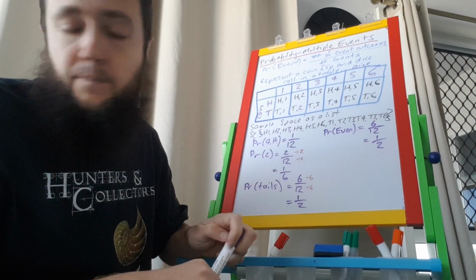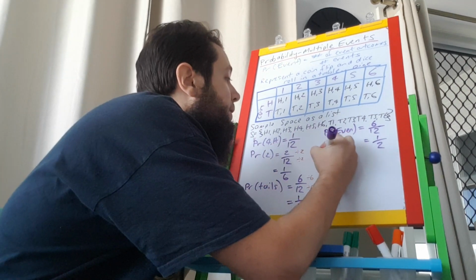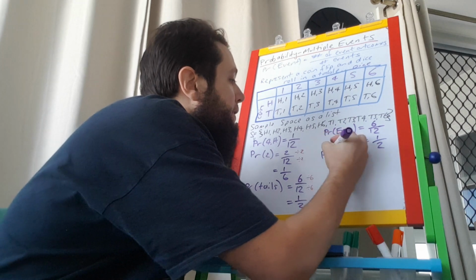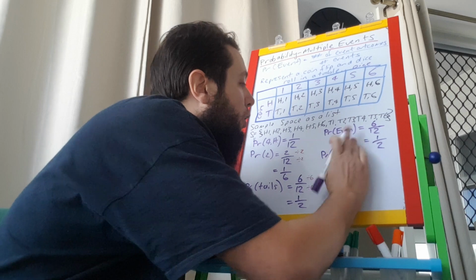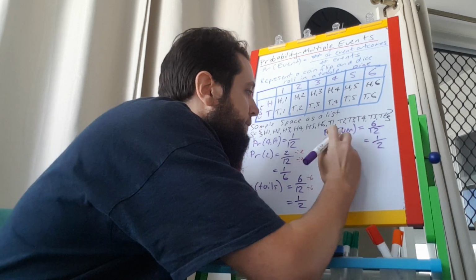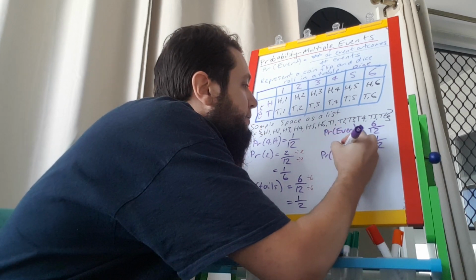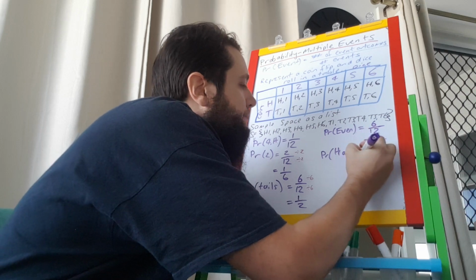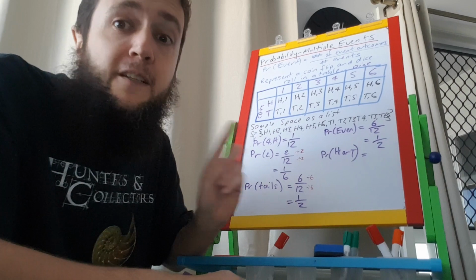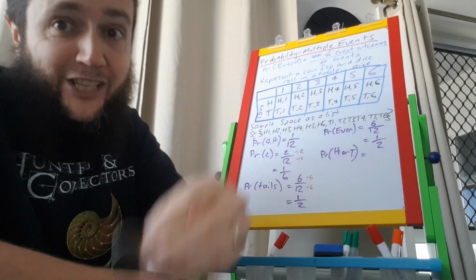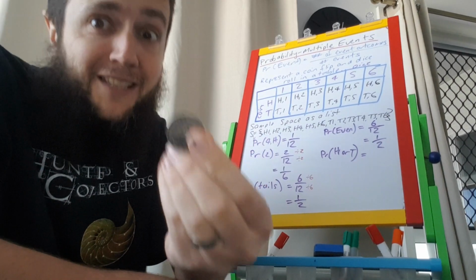Now, next up, a bit of a weird one. I want to know the probability of heads or tails. Bit of a trick question. Every single outcome there involves either heads or tails, doesn't it?